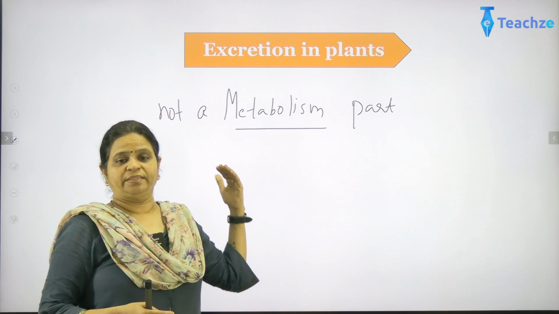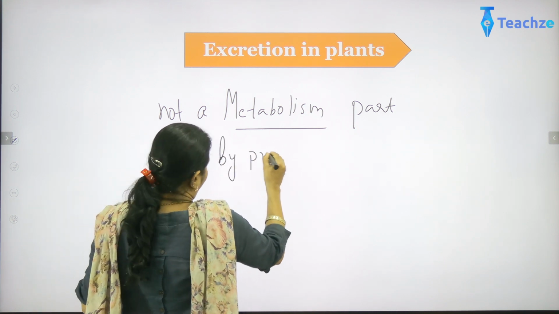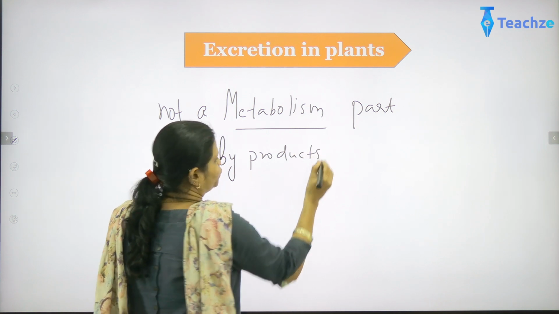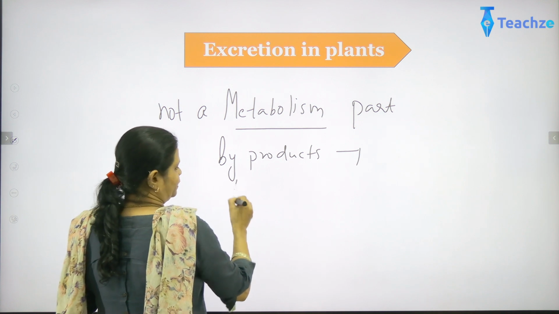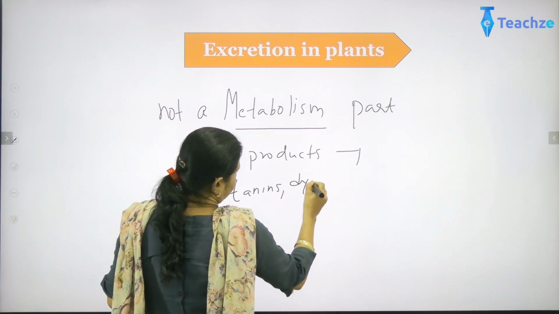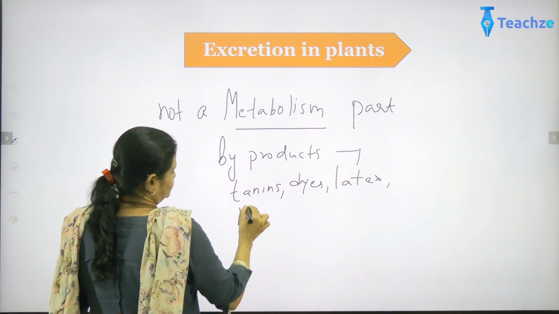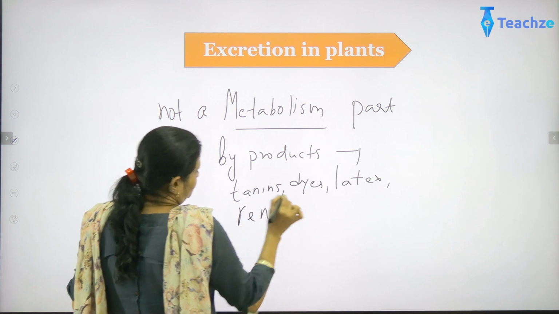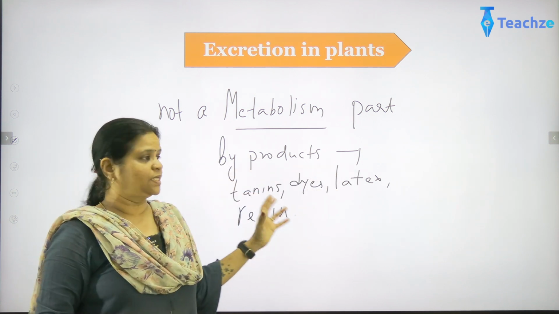Now they give out what we call byproducts, products which are actually useful to humans. The byproducts we are talking about are the tannins, the dyes, the latex, and the resins.